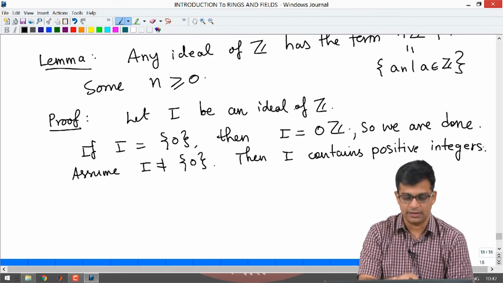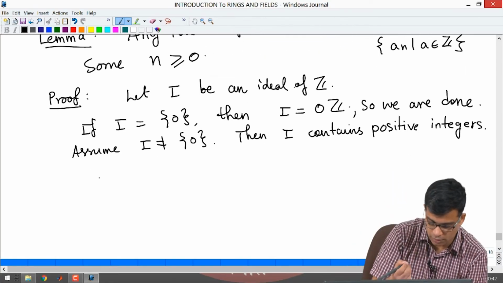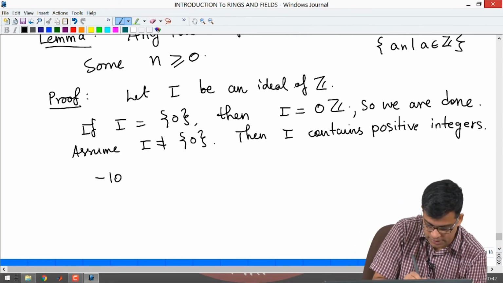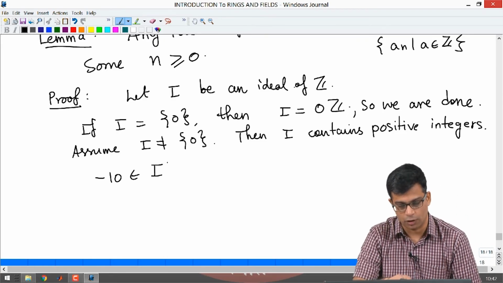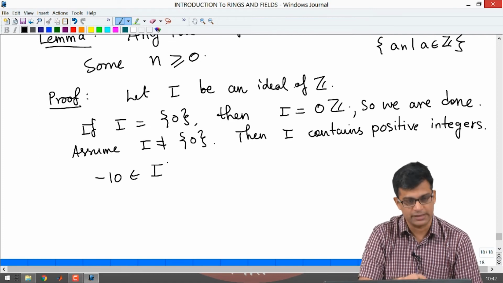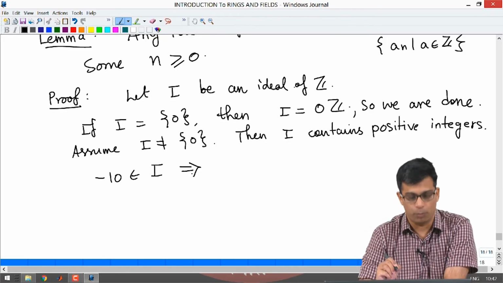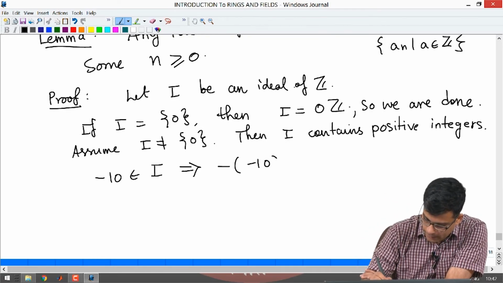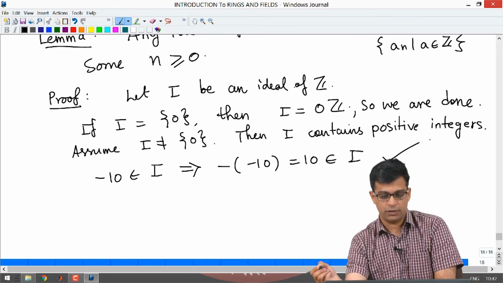If I contains something non-zero, it contains positive integers. That is because, very simple example: if, for example, minus 10 let us say is in I, we know that I contains something non-zero. If it is positive, we are done. Suppose not, let us take a negative integer, but I is supposed to be a subgroup, right. So, minus of minus 10, which is 10, also belongs to I, right. So, I contains a positive integer.